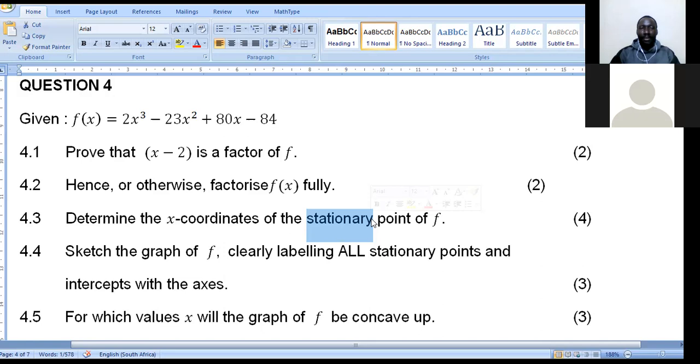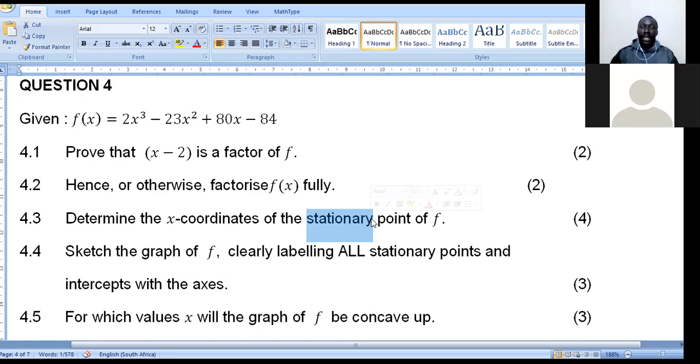We will have to find the value of dy by dx for this function. And when we find dy by dx for this function, then at the turning point, the derivative is 0, because by differentiating we will be finding out the gradient. dy by dx is the gradient, and gradient is the rate of change. It's like the slope.